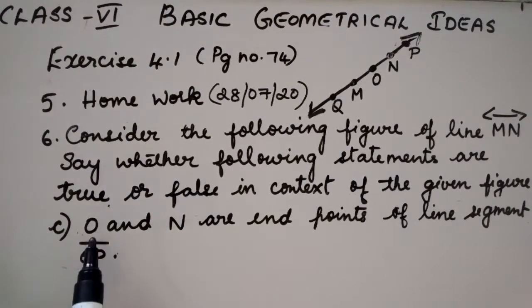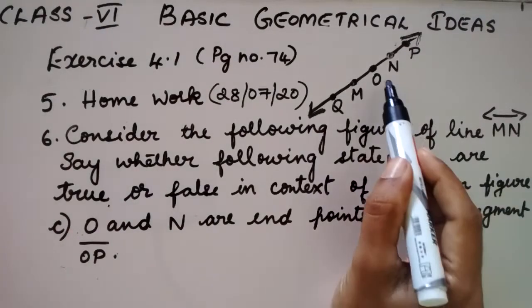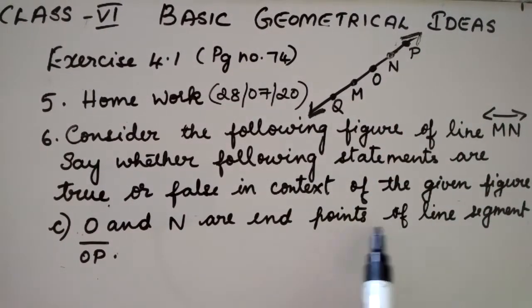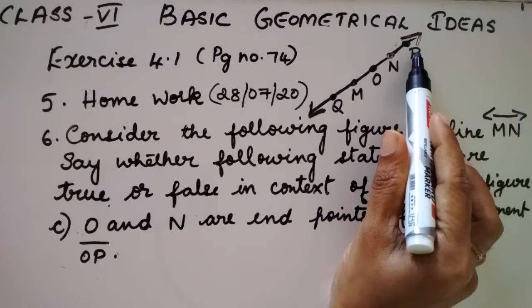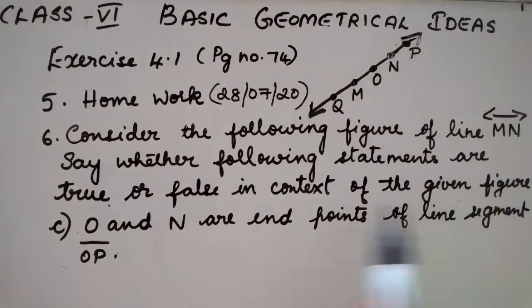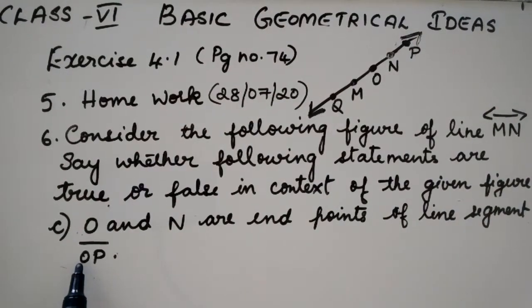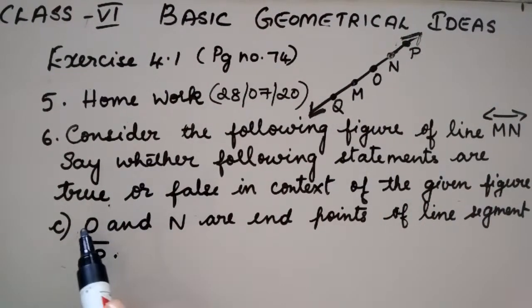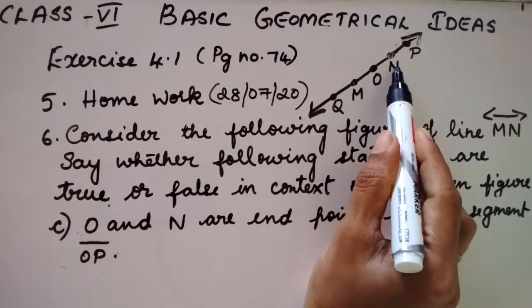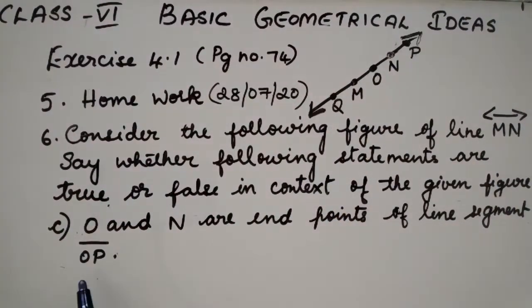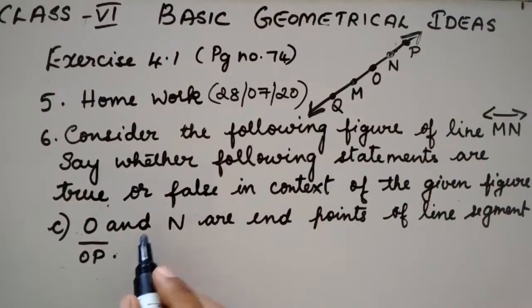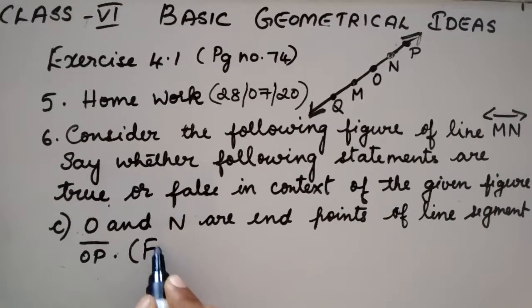Statement D, O and N are the endpoints of the line segment OP. If it is a line segment, the endpoints will be O and P. But here they have told O and N. So it is false.